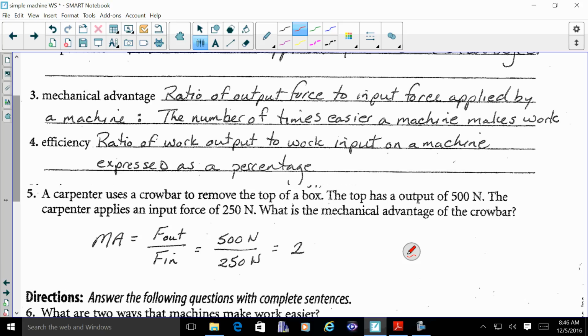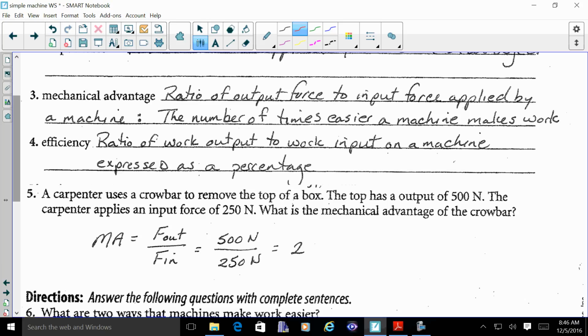So if I have a carpenter here that is trying to open up the top of a box, and it takes 500 newtons to open the box, but he only has to put in 250, that means the mechanical advantage is going to be 2 times easier. Now that would be the actual mechanical advantage compared to the ideal mechanical advantage that we used before.